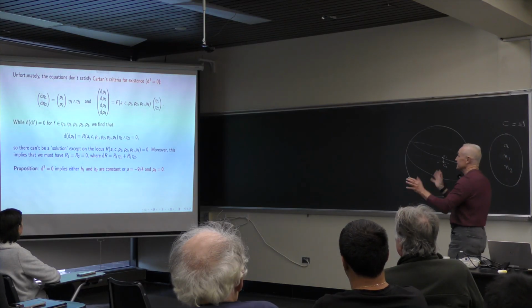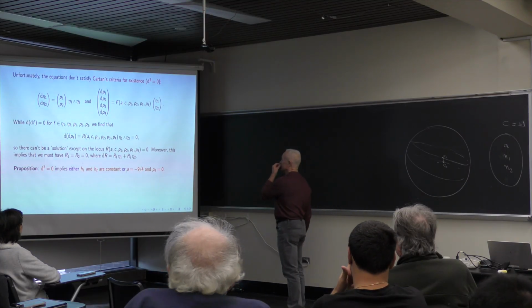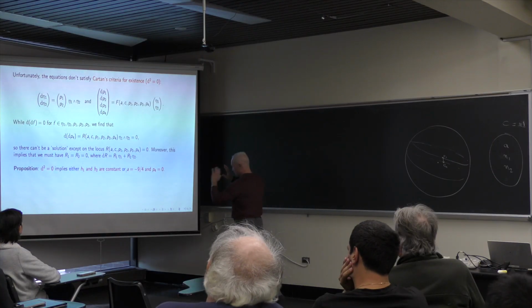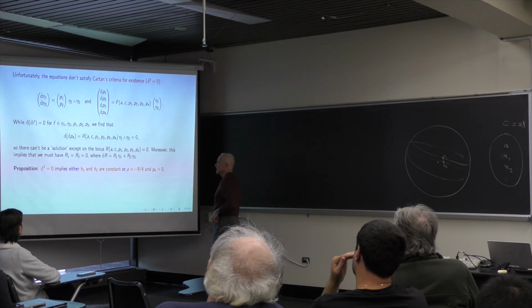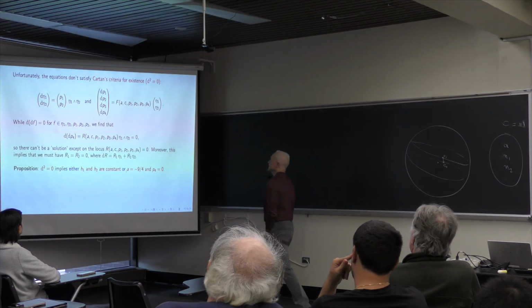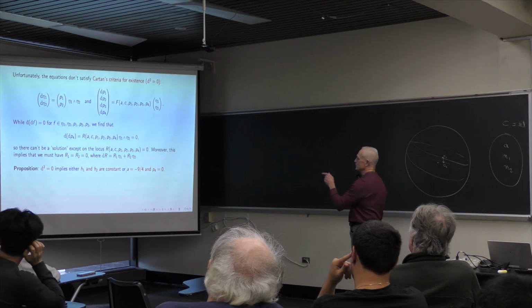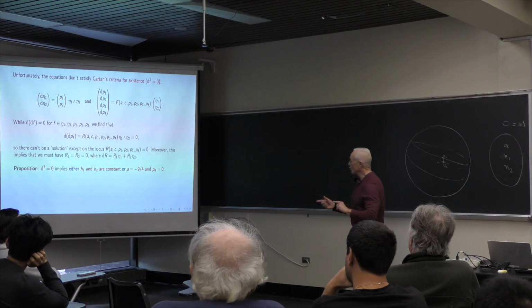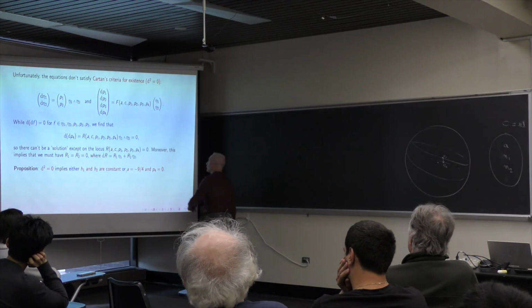But it turns out you're not done. After the smoke clears, and I'll say what you have to do to prove this, the proposition is this: if d squared is going to be 0, then either h1 and h2 are constant, in which case it's isoparametric, or a has to be minus 9/4 and p4 has to be 0.